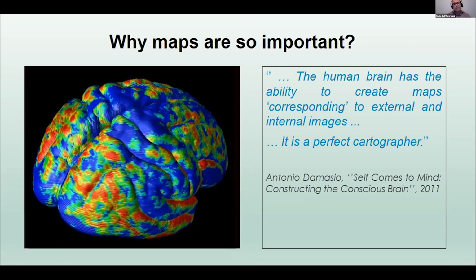So it continuously produces maps on the neocortex, but also below the cortex in the most ancient part of the brain. And this is the brain's response to external and internal stimuli. So this is a sort of neuroscientific reason why maps are so important for our knowledge.